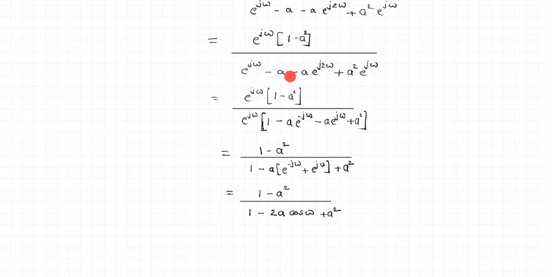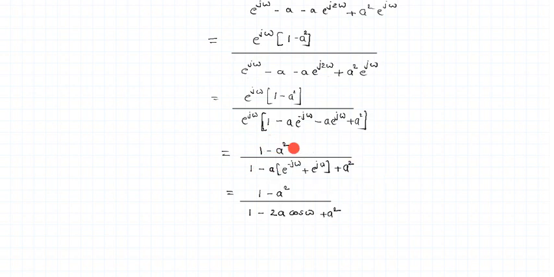To simplify this denominator, we have taken e raised to j omega common. So what remains inside is this. When we take e raised to j omega common, we can cancel out e raised to j omega from the numerator and denominator, and we get the terms as shown here.